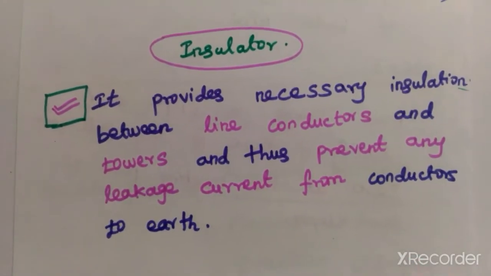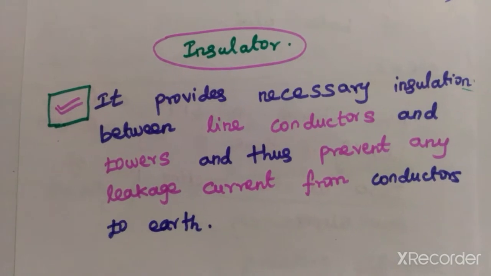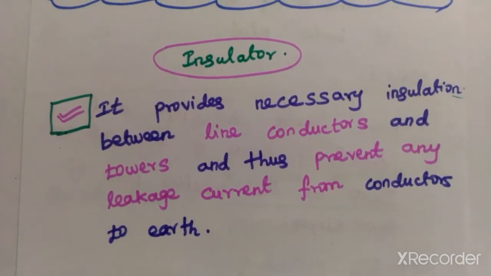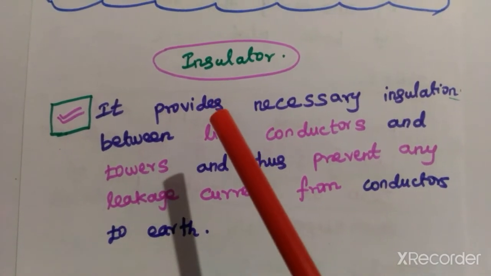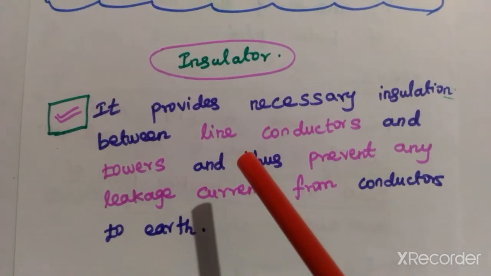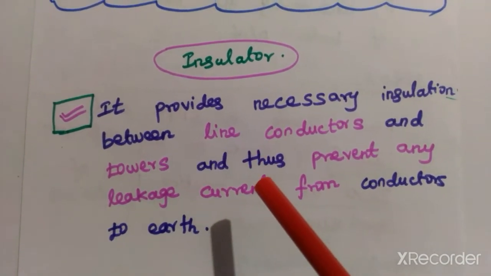Insulator means, in the electrical tower, we have the discs, right, that is called the insulator. The main purpose of the insulator is to provide the necessary insulation between the line conductors and the towers.